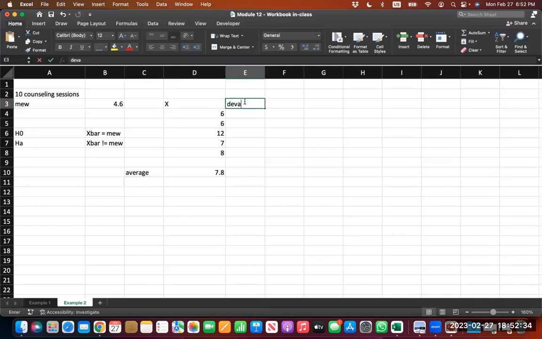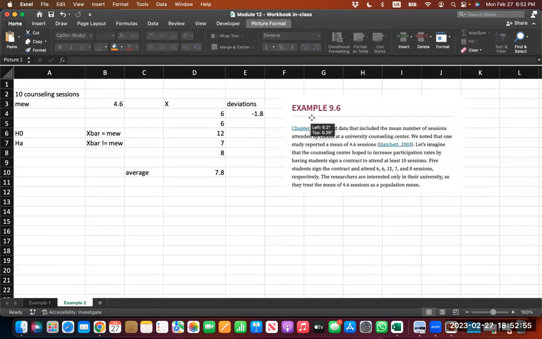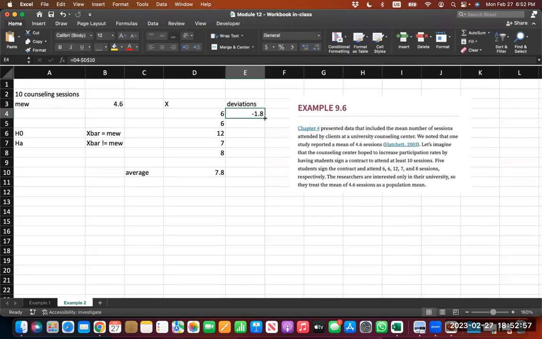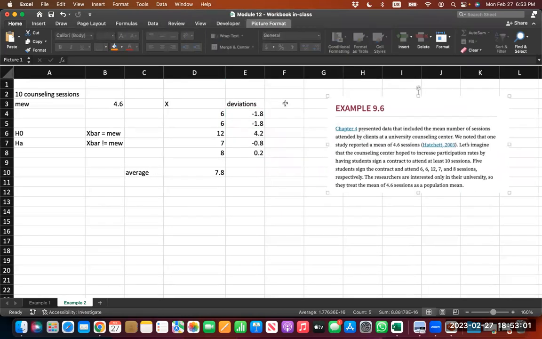And now we next calculate the deviations. We're taking these deviations and taking squared deviations.